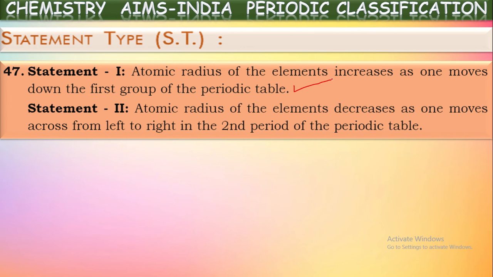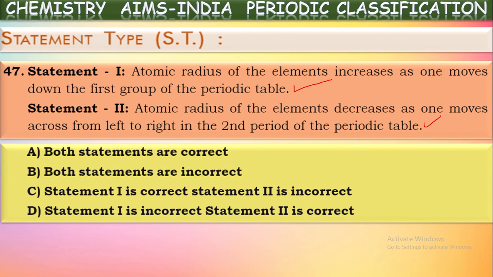Even though the atomic number is being increased, nuclear charge increases on the outer electron cloud and hence size decreases. So among second period elements, atomic radius decreases. So this is also correct statement. Now what will be correct answer? As both are correct statements, this will be correct answer.